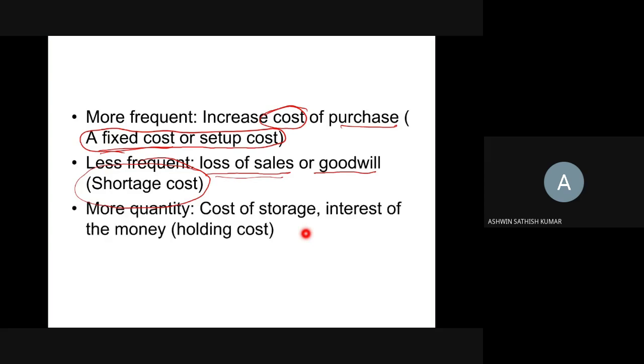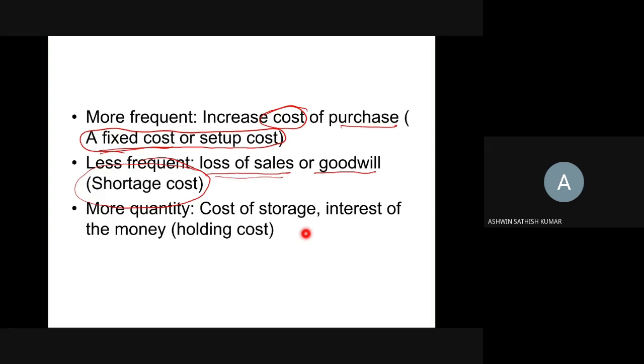Now what you can do, again and again we will not order, we will not procure, means the frequency of procurement is less, but at that time we will procure a larger quantity. When you are procuring a large quantity, it means you are investing more money.